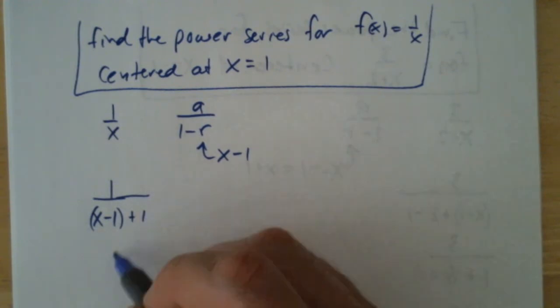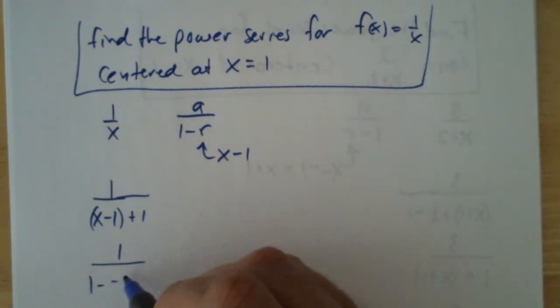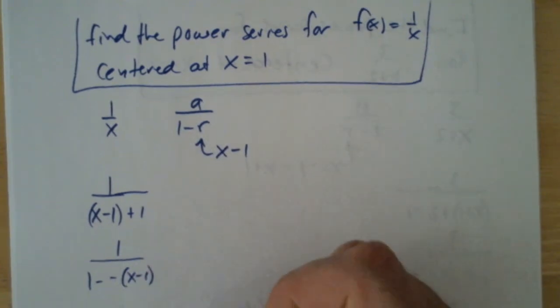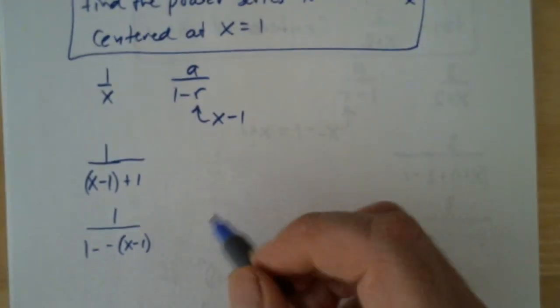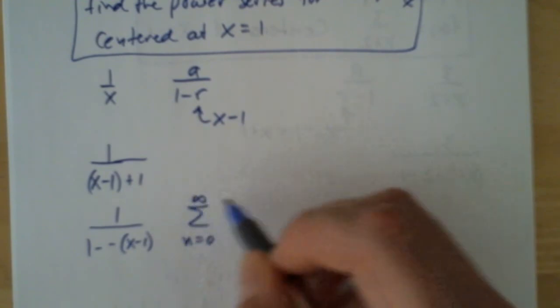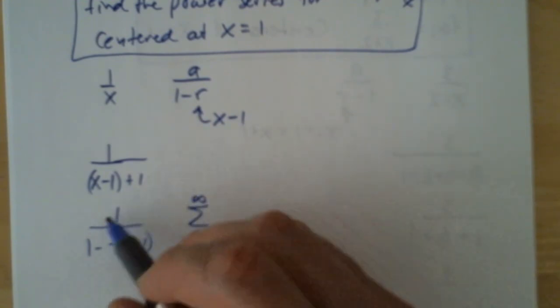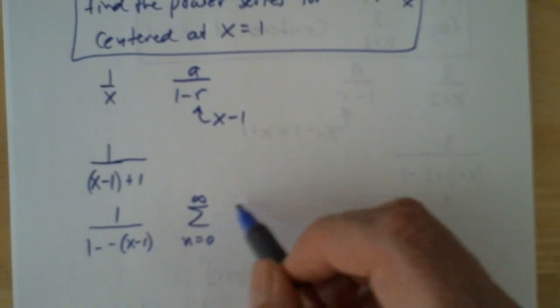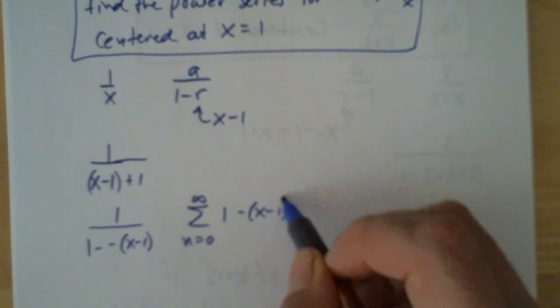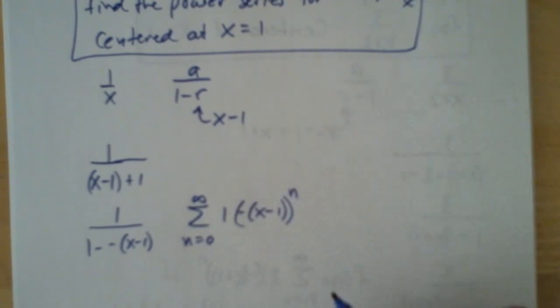And then we just manipulate that to look like what we need, 1 minus the expression, and it gives us the series as n goes to infinity. The a is 1, and then negative x minus 1 to the n.